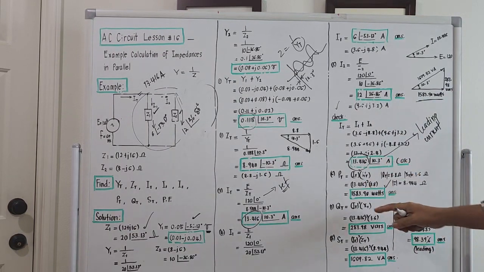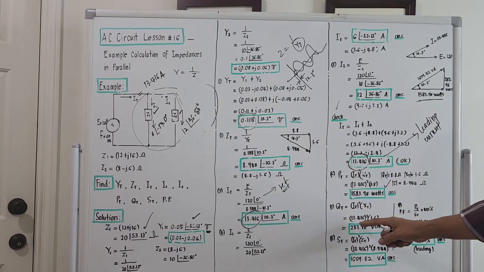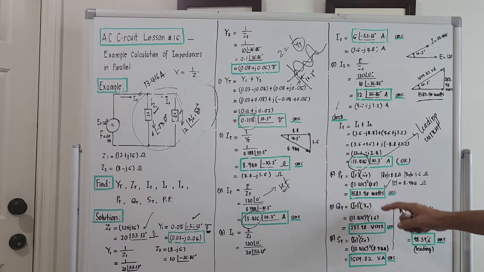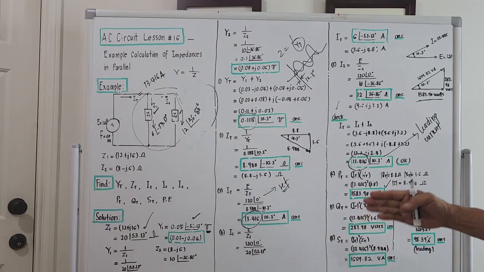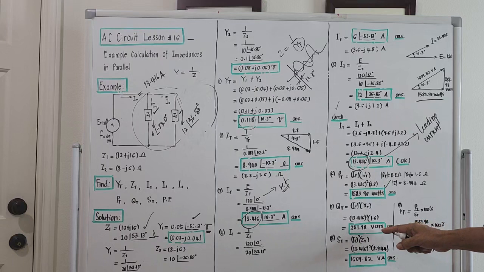Q total will be the square of total current times X total. X total is the resulting net inductance portion, it's only 1.6 ohms. So this is 13.416 squared times 1.6. It's very small already. 287.98 vars, reactive volt ampere, right?